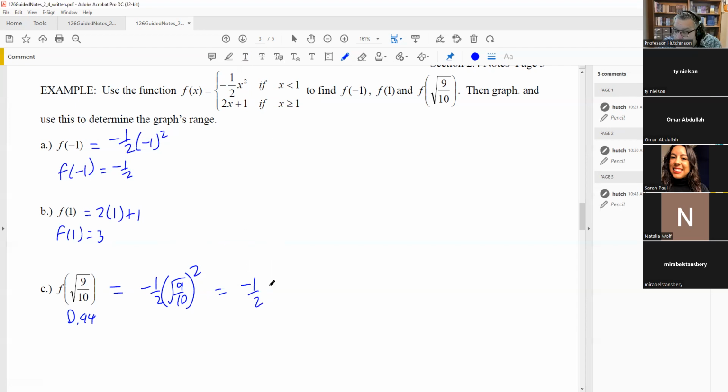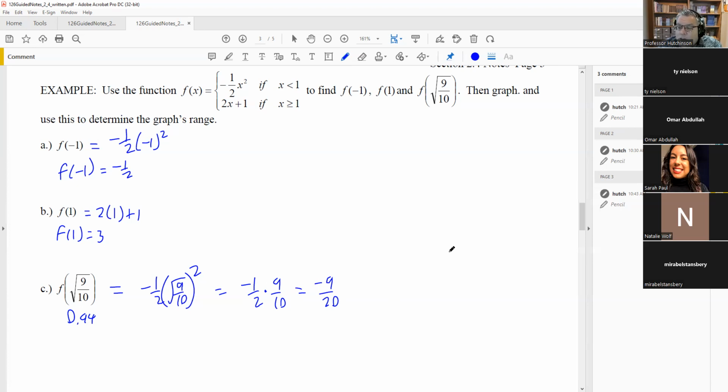The square gets rid of the radical, and I get 9/10 left over. If I multiply across the top and across the bottom, I get -9/20, and that's going to be the answer on that one. So sometimes, if you're not sure what number it is they want you to plug in, you might have to use a calculator to figure that out, like I did here. So 0.94, then we put that in there, and then we get our answer.